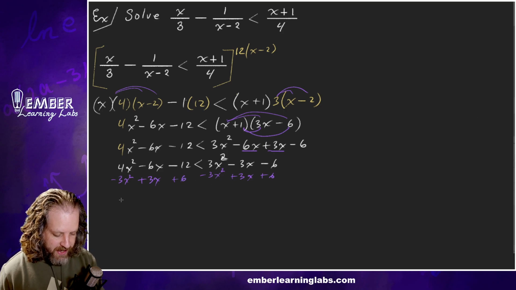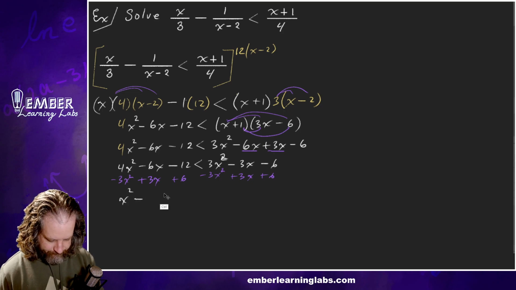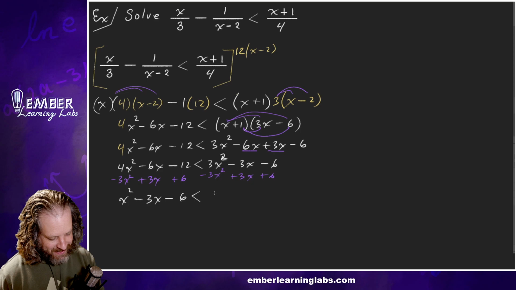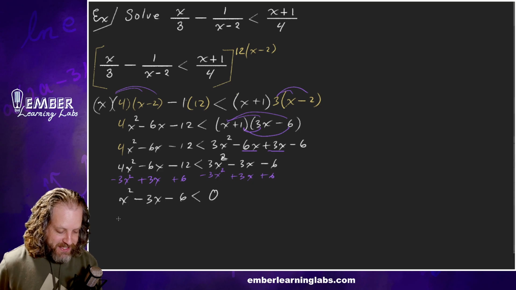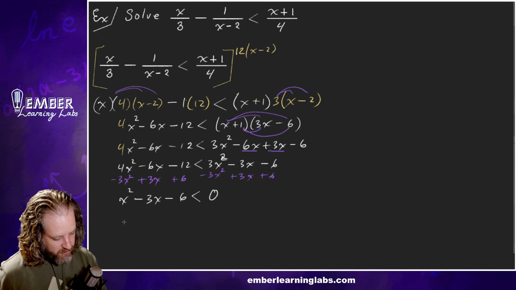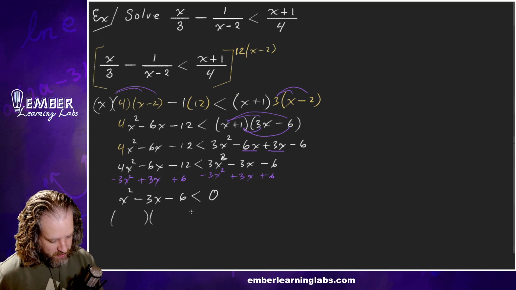So we end up with x squared minus 3x minus 6, and then 0. So let's give a shot at factoring this one. See what happens. So this, does it factor?